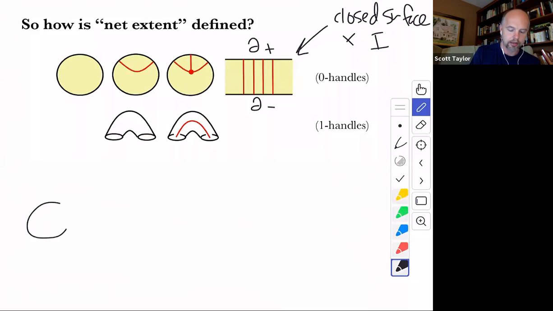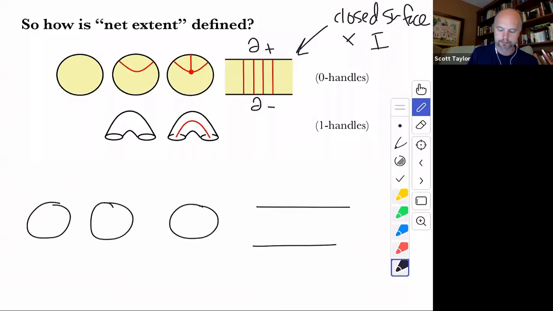So let me draw an example of how this might work. So some bits of spatial graph in here, maybe I have a knotted arc there, and maybe a tripod here, and another unknotted arc there.